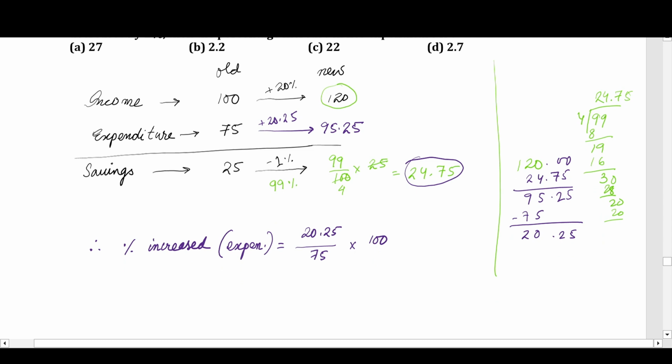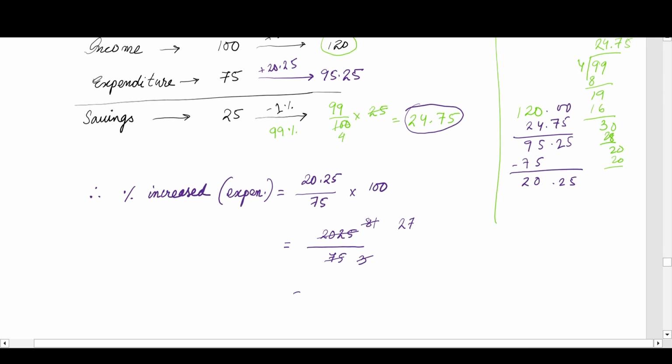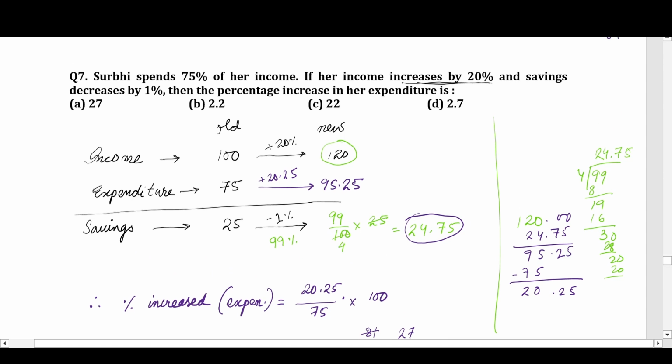Moving the decimal point, 2025 by 75. 25 into 75 is 3, 25 into 8 is 200, 2 in hand, 25 1 is 25, 3, 2 or 6, 3 7 or 21. So the percentage increase will be equal to 27%, option A.